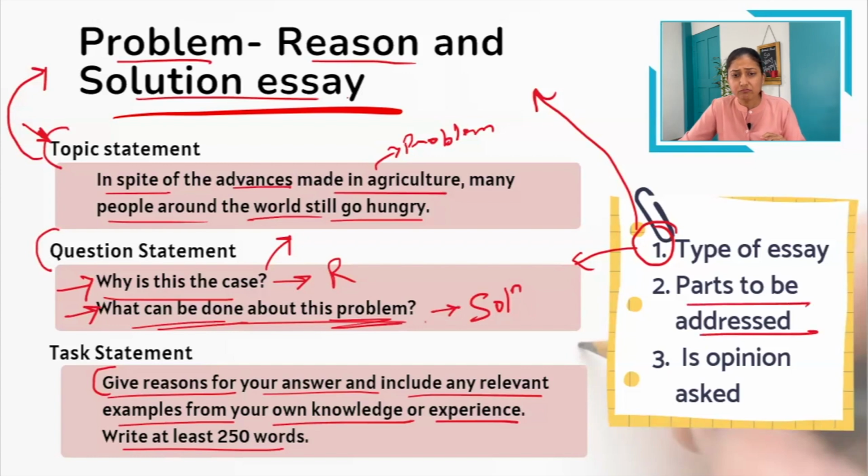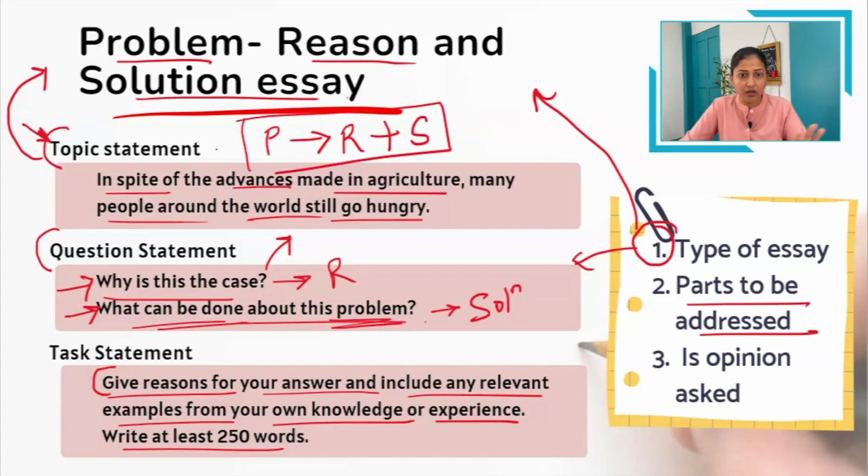So we have a problem, and we are also supposed to talk about reasons and also the solutions for this problem. So in short, there is a problem, then there are reasons which you have to give, then you have to give some solutions also.